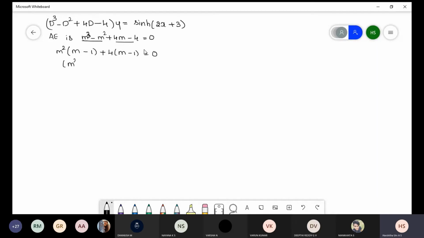So we get m square plus 4 into m minus 1 is equal to 0. So m square plus 4 is equal to 0, and here m minus 1 is equal to 0. So m is equal to plus or minus 2i. Again here m is equal to 1.